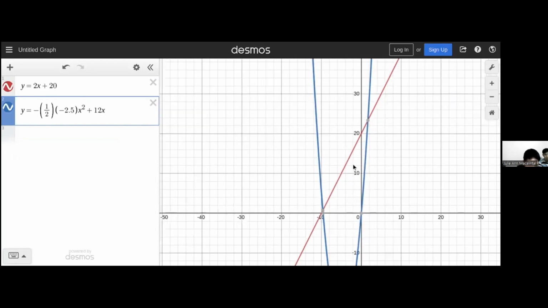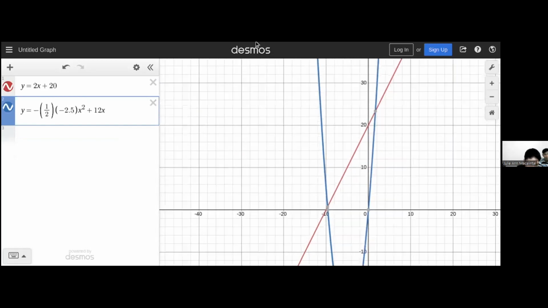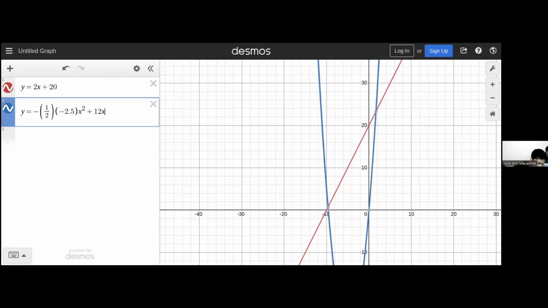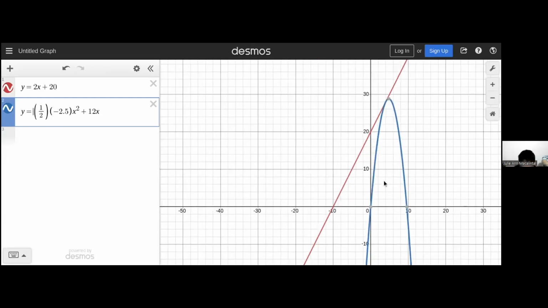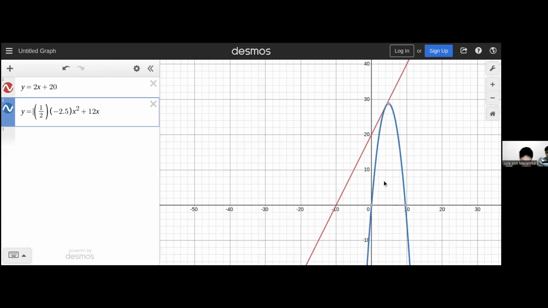Desmos lang. Sir, baka na-encounter po kanina. Parang, I think, dapat negative yung 1/2, yung sign. Hello, naririnig niyo kami, sir? Hello, hello, sir?